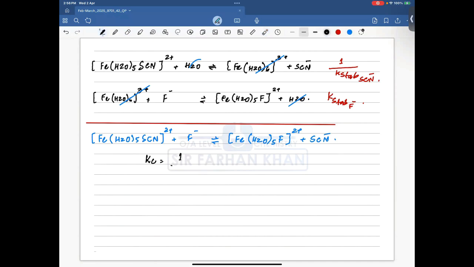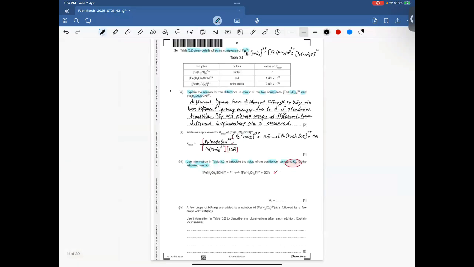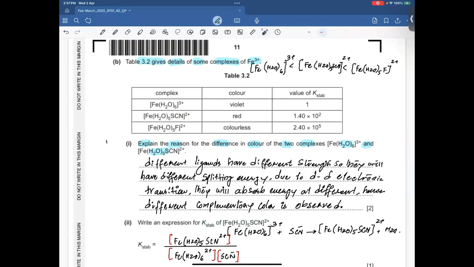So it's basically 1 over K step thiocyanidine into K step fluoridine. So Kc equals 1 over K step thiocyanidine. Thiocyanidine exists in this complex and its value is 1.4 into 10 to the power 2.